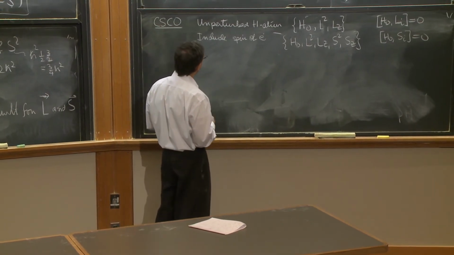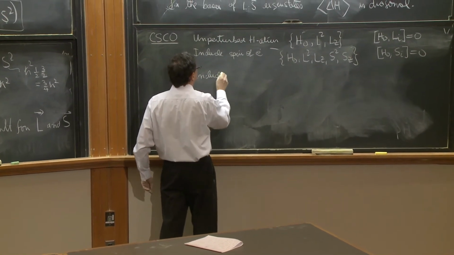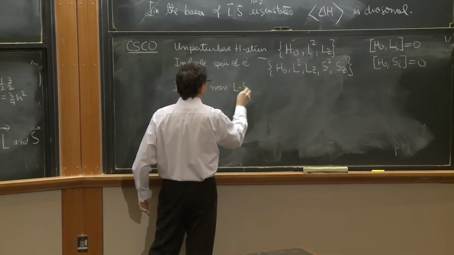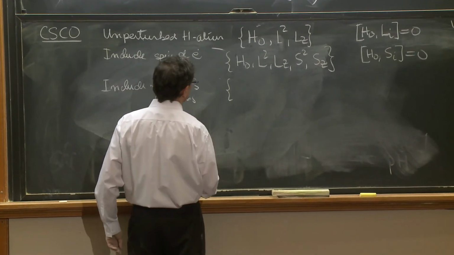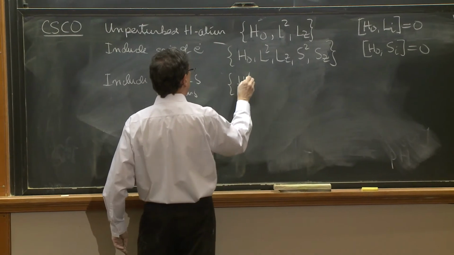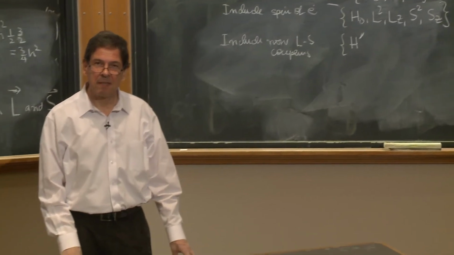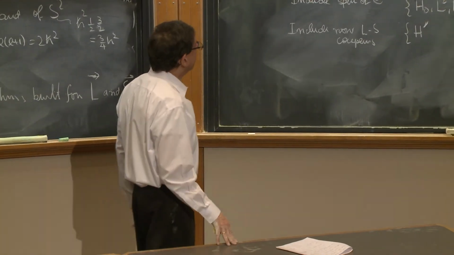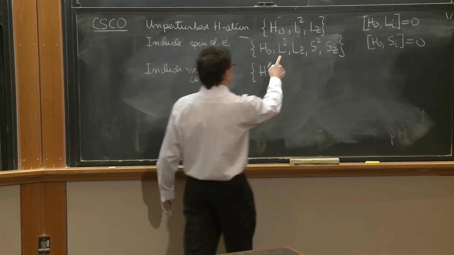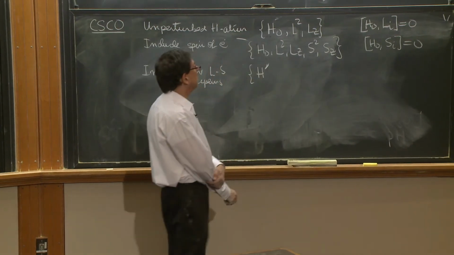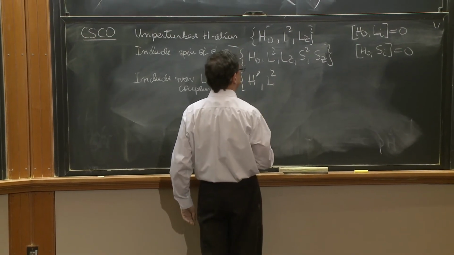Now, let's consider including LS coupling. So the Hamiltonian is not anymore H0, but is H prime. That's the full Hamiltonian. So what can I include here? Can I include all of the things that I have here? Let's put L squared and Lz.